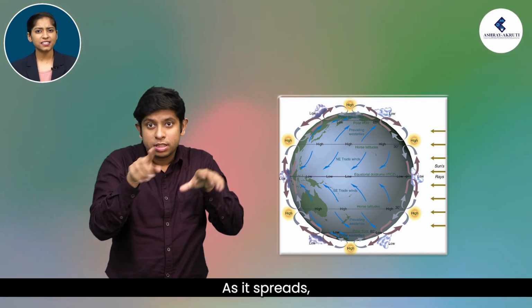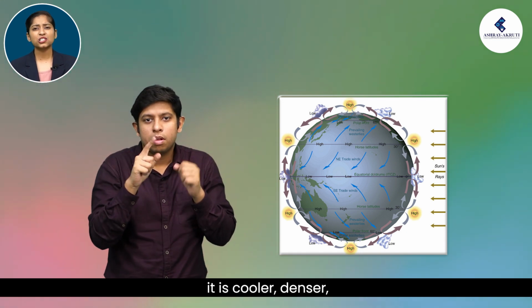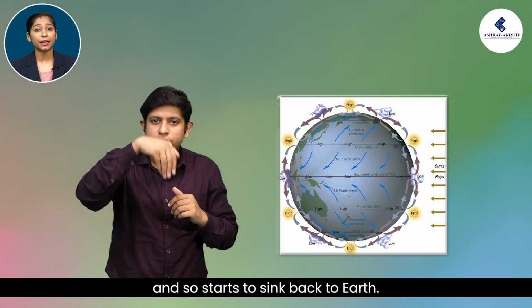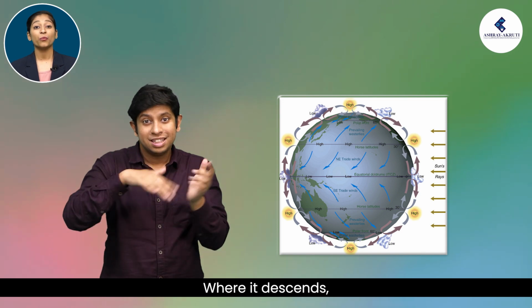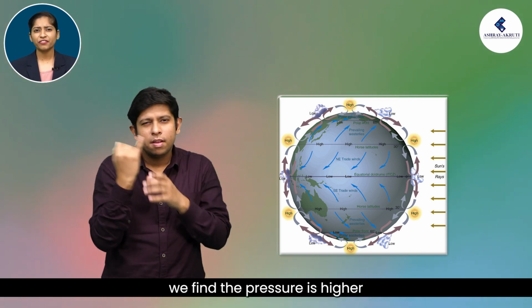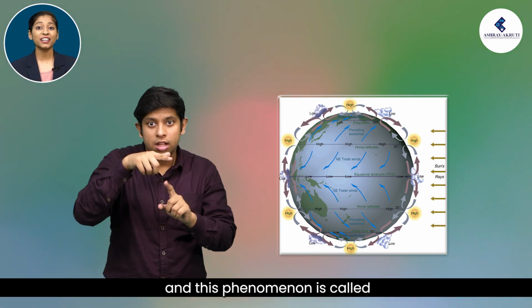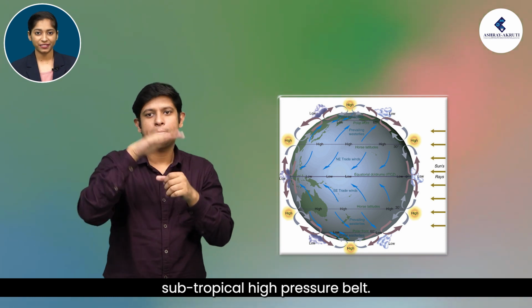As it spreads, it also starts descending. It is cooler, denser, and so starts to sink back to Earth. Where it descends, we find the pressure is higher, and this phenomenon is called the subtropical high pressure belt.